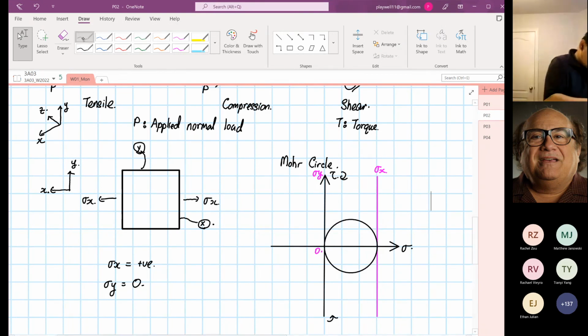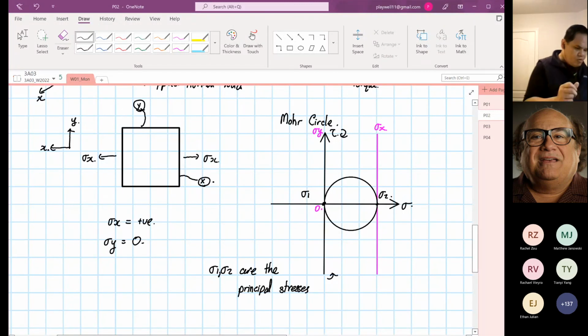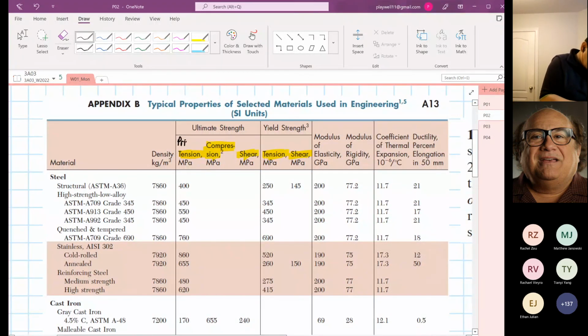That's our circle. So this is our stress 1, and this is our stress 2. If you recall, stress 1 and stress 2 are the principal stresses. So all this data over here are the principal stresses.